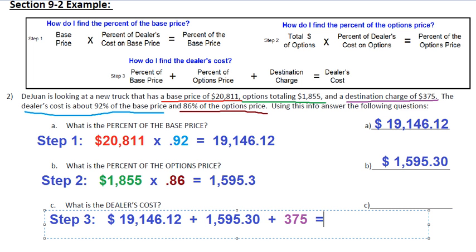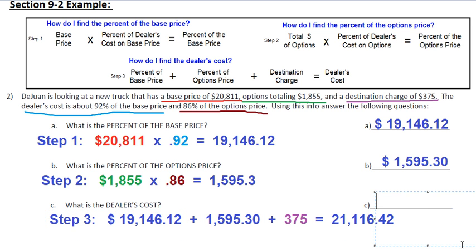All right. Got all that figured out. So now we can add them up. And when we do, we get $21,116.42. Don't forget to write your answers on the line provided.